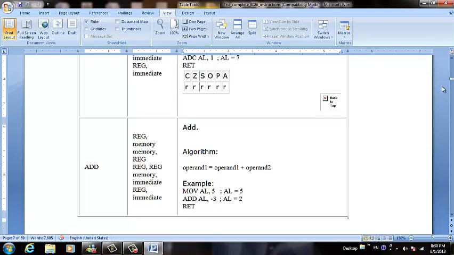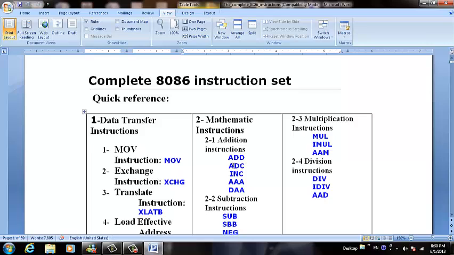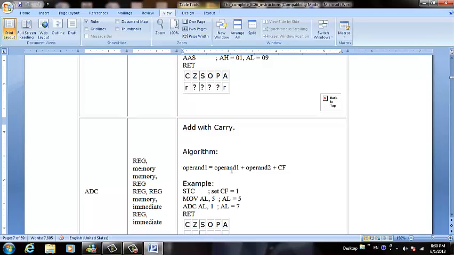As simple as that. Let's go back to the top of the page, and here again we have add with carry. Add with carry performs the same function as add, except that the contents of the carry flag will be added to the source and destination, and the result will be stored in the destination.